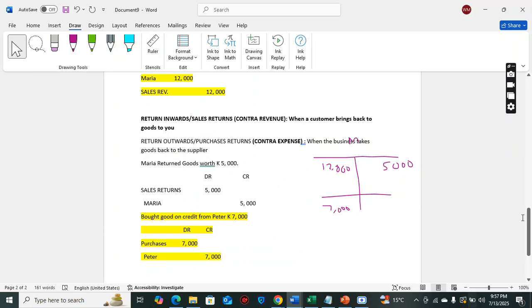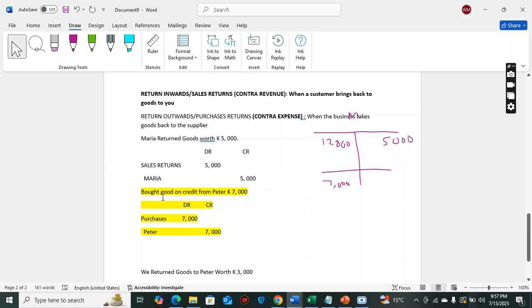So let's look at this transaction. Bought goods on credit from Peter, 7,000 kwacha. Initially, we debited purchases. Remember, whenever you incur an expense, you debit. Peter is a creditor, so we're owing him money.